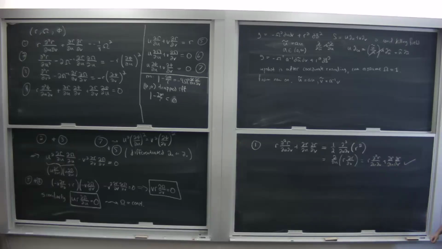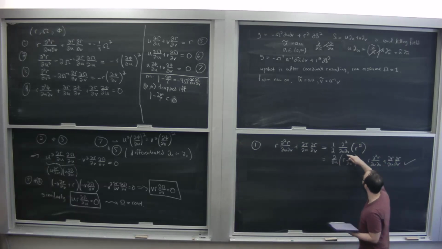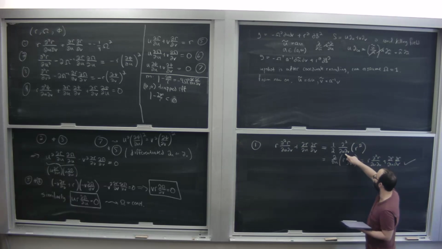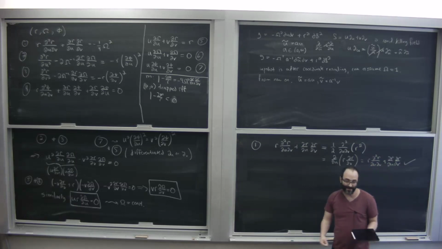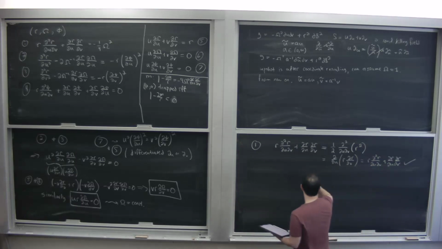I'm just saying that the left-hand side of the wave equation for R can actually be written as a normal 1 + 1 dimensional wave equation for R squared, which is nice. Why is that nice? Because it's really easy to write down the general solution to a 1 + 1 wave equation.